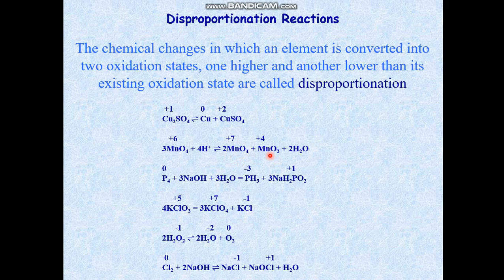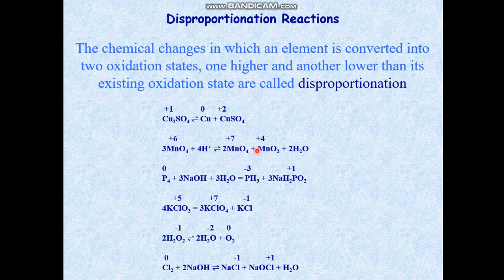When it is manganate ion, the charge is -2, and when it is permanganate ion, the charge is -1. It is easy to calculate the oxidation number of manganese, which is +6 in the existing state, and when it is converted into permanganate ion, its oxidation number is increased by 1 and becomes +7.